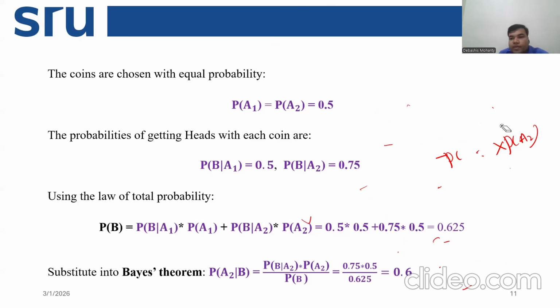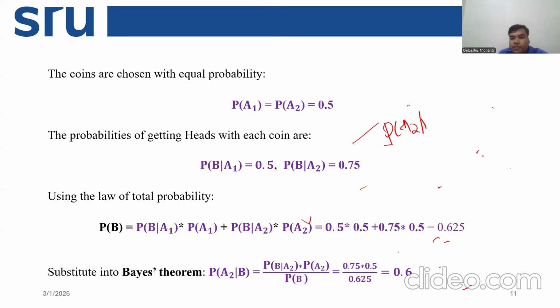So we have the equal probabilities, the probability of A1 and A2 is 0.5. B given A1 is 0.5 and B given A2 is 0.75. Then we need to apply the formula of Bayes theorem. What is the formula?